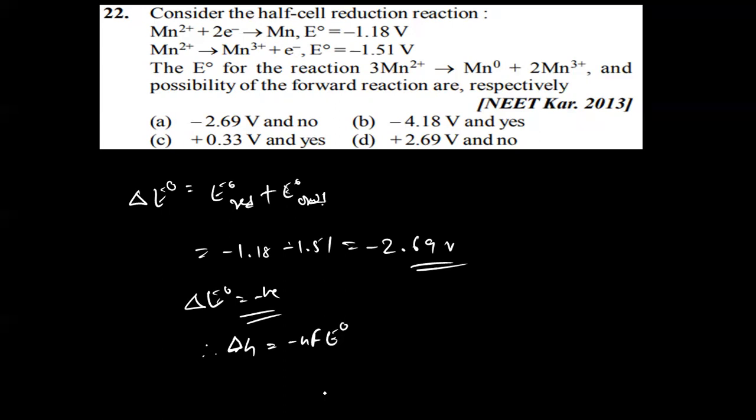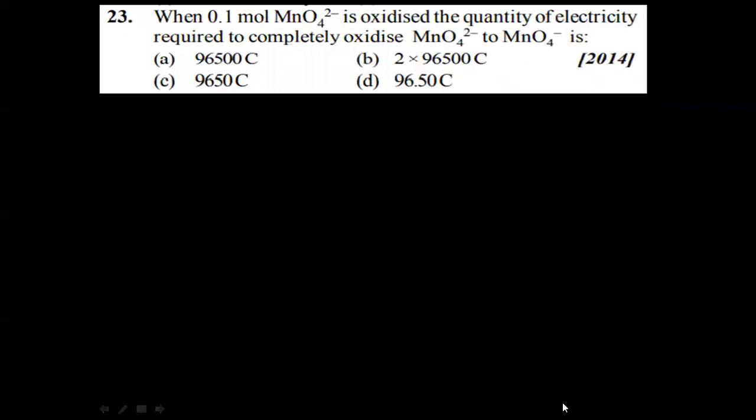So the forward reaction is not possible. So for question number 22, it's option A, minus 2.69 volt, and no, forward reaction is not possible because of a negative delta E naught value.